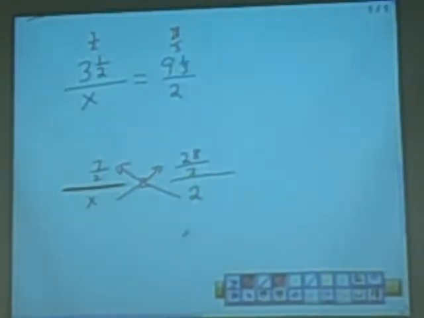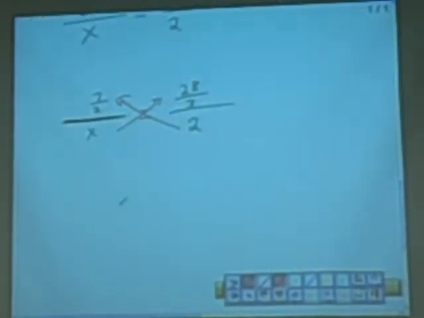And so now we've got, whether you have the 7 halves times 2 on the left or x times 28 over 3, it really doesn't matter.